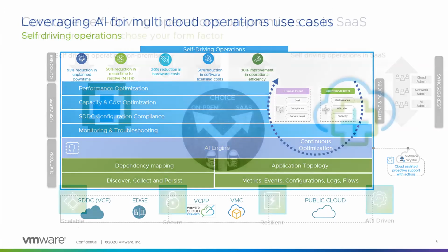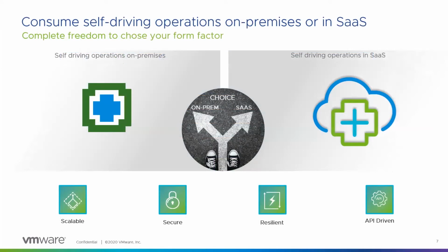So vRealize Operations Suite comes in exactly two form factors. The first one is the on-premises version, which has been out there for close to a decade, and the same software base is now being leveraged to produce the vRealize Operations cloud service.